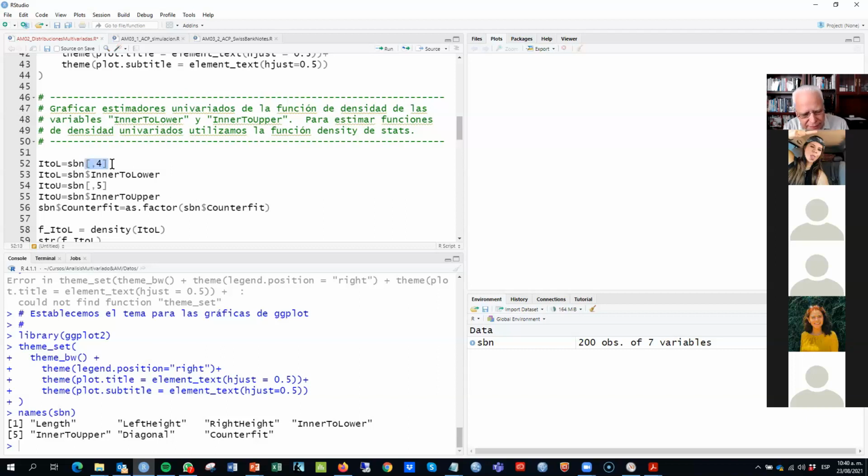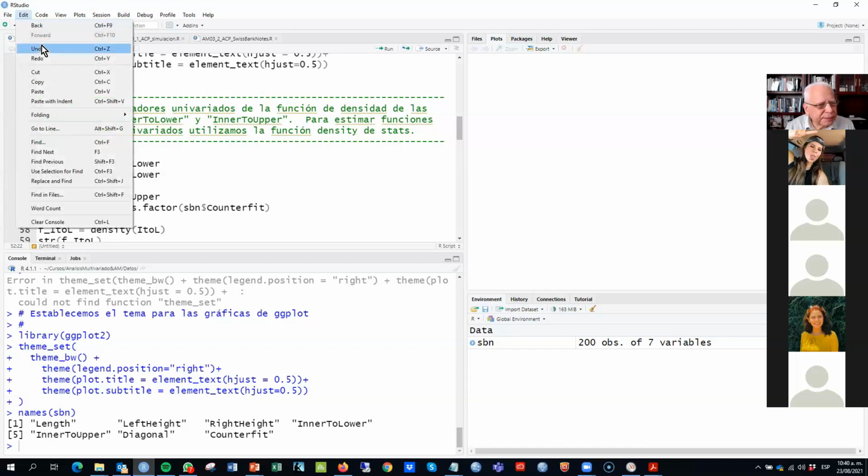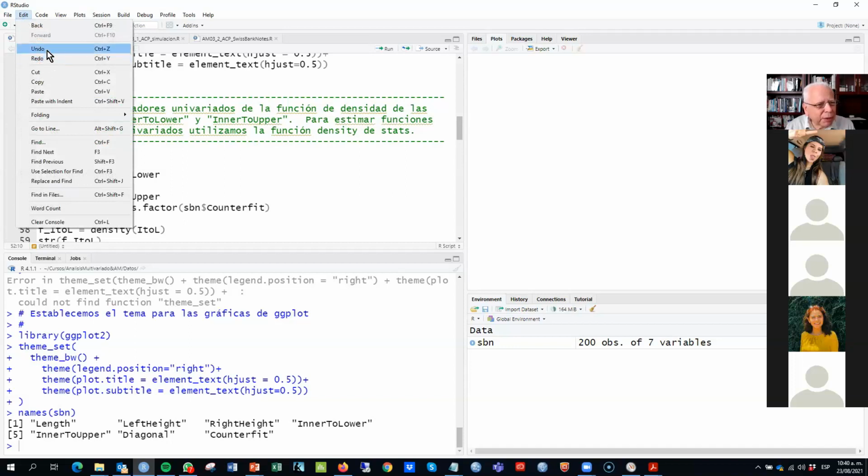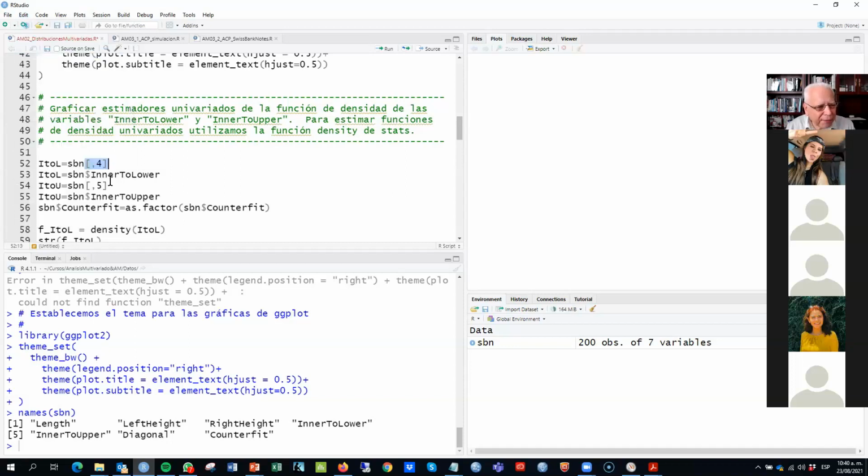I could say SVN and I want inner to lower. It's exactly the same thing. I find it easier with the names because I don't have to be counting which column I have the data.